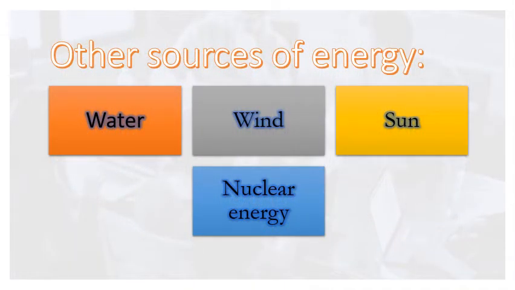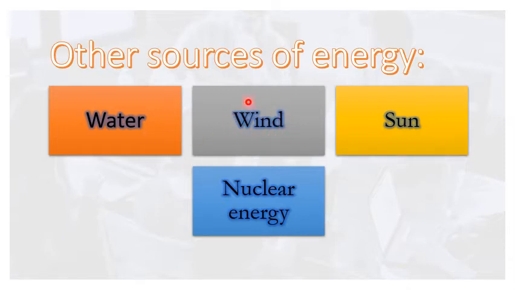After completion of fossil fuels, in which we learned that oil serves about 40% of the world's energy, coal serves about 25%, and natural gas serves about 21% of energy. Besides fossil fuels, the other sources of energy are water, wind, sun, and nuclear energy. Water provides us energy, so it is a source of energy. Wind also gives us energy.